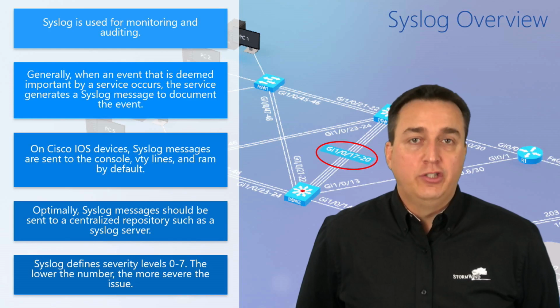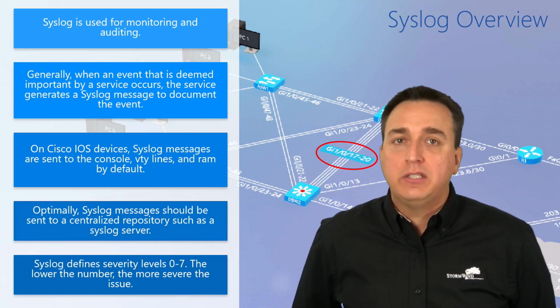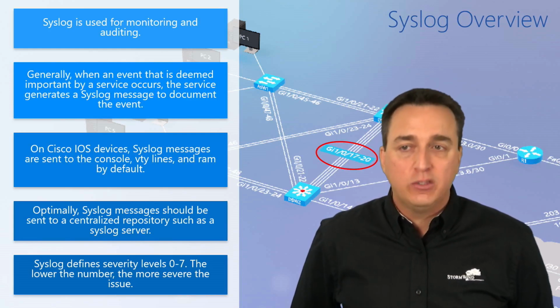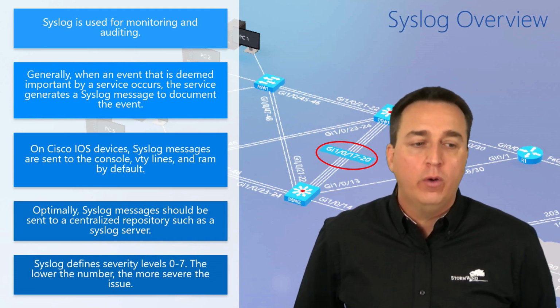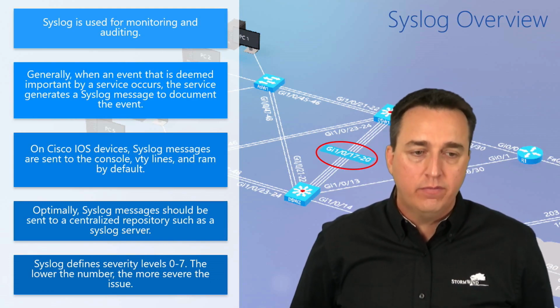Ryan says log correlation. Exactly. So I have all these different syslog messages. We can go back and correlate events. We can see what caused this to happen, when, where, who, what, why, all that different stuff.